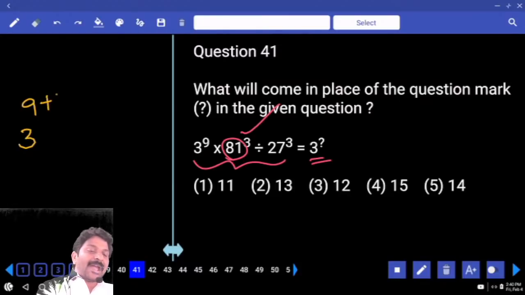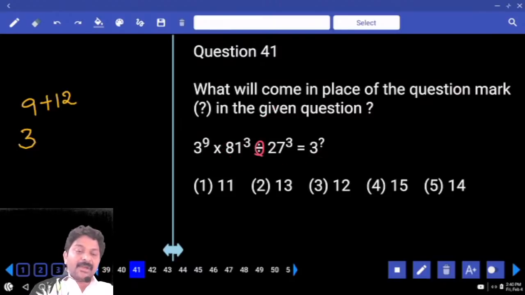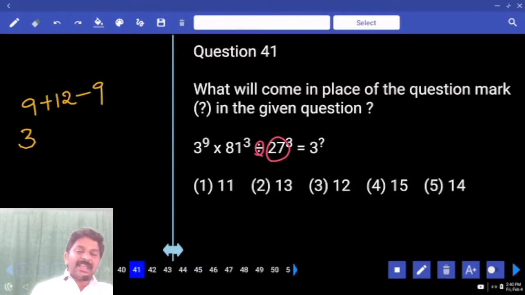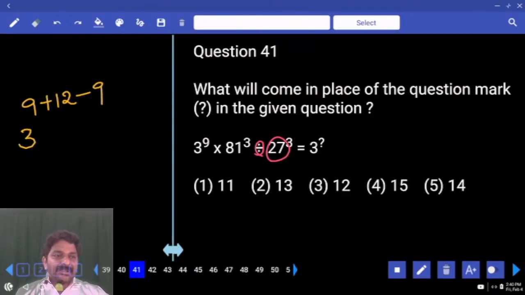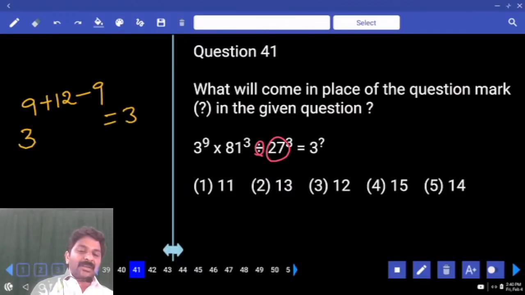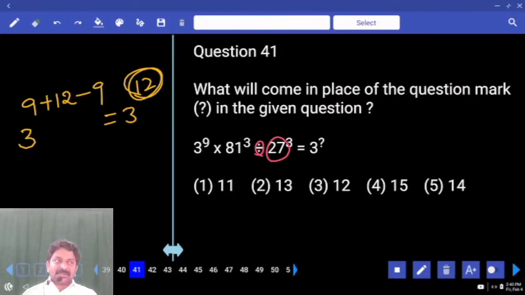Multiplication we have, so we have to add the exponents. Division symbol is there, so we have to subtract the exponents. 27 can be written as 3 cube power 3, that is 3 power 9. Plus 9 minus 9 gets cancelled. So the answer is 3 power 12. So where is the exponent? x is in the exponent, so the answer is 12.